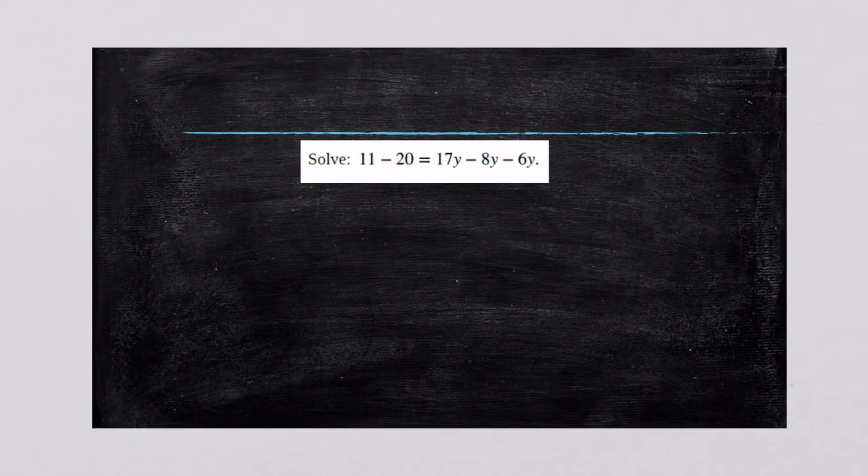Okay, this problem is very similar. So we have some things to combine. On the left-hand side, we're going to do 11 minus 20. When we do 11 minus 20, we get negative 9. And on the right side, we're going to combine our like terms over here. 17y minus 8y is 9y. 9y minus 6y is 3y.